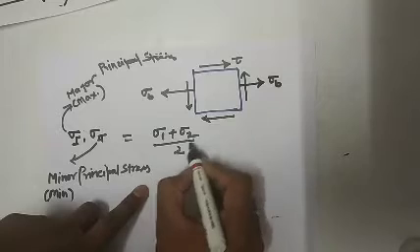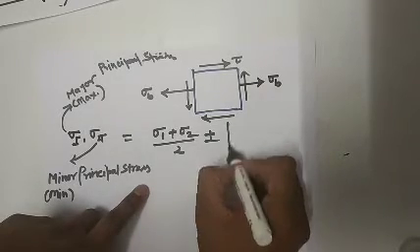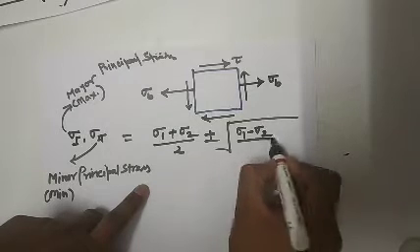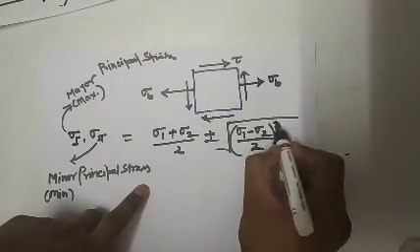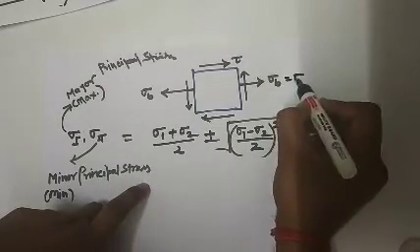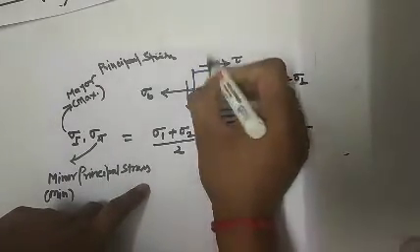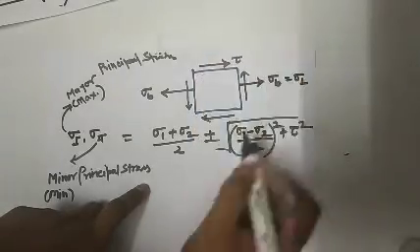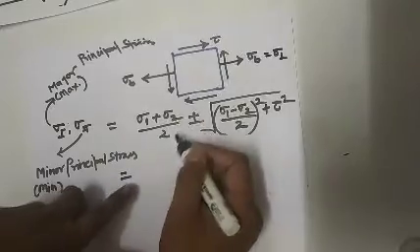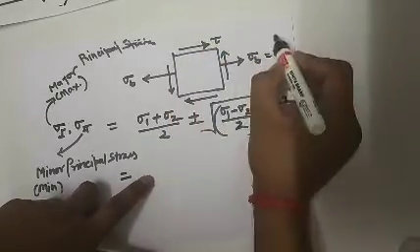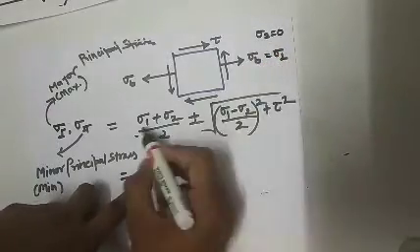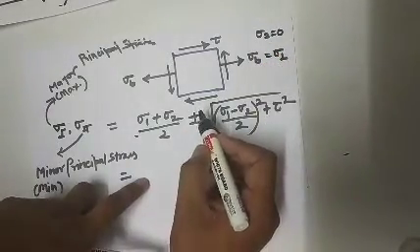sigma 1 plus sigma 2 by 2, plus minus under root of (sigma 1 minus sigma 2 by 2) square plus tau square. Here sigma b is equal to sigma 1, and there is no sigma 2, since it is not a biaxial stress system. For a uniaxial stress system, sigma 2 is 0. This formula we derived when studying principal stresses.